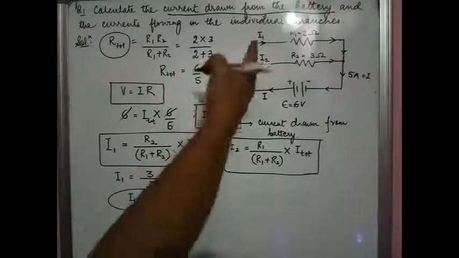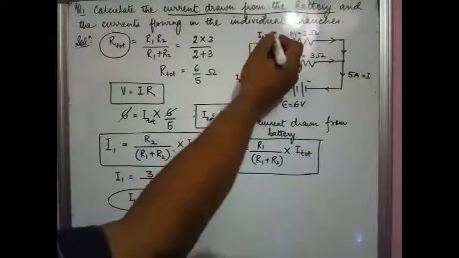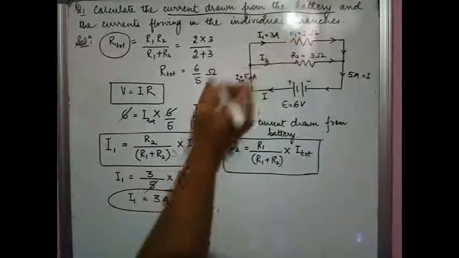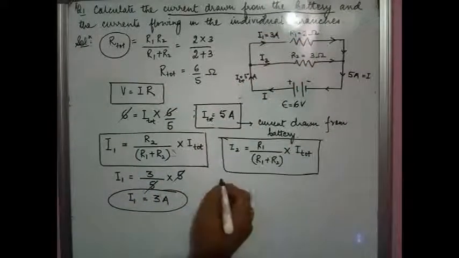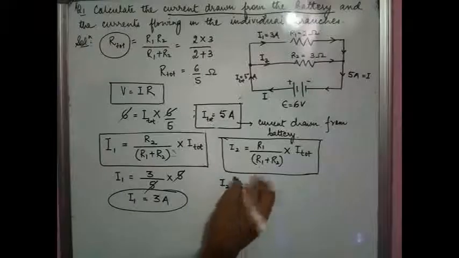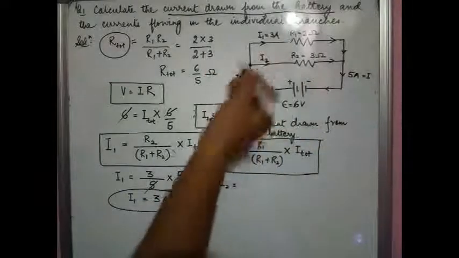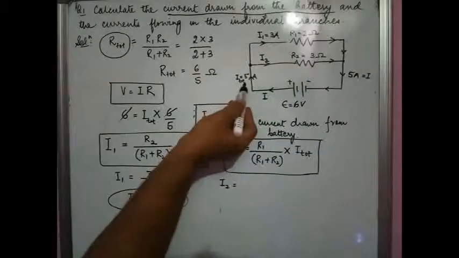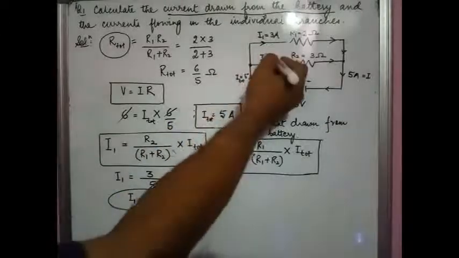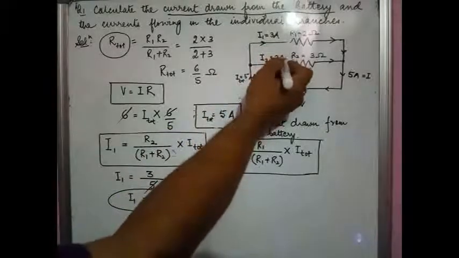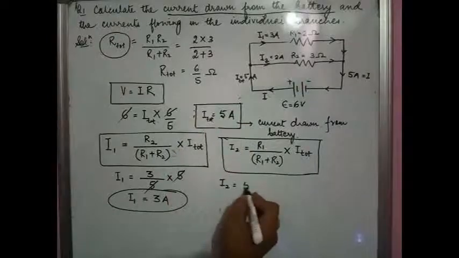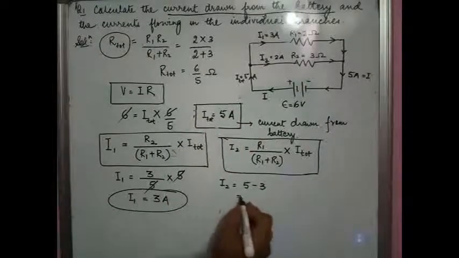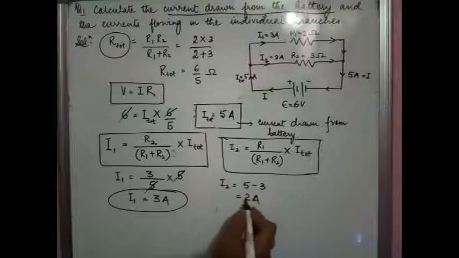So the current which is flowing in this branch now is 3 amperes. Do you now need to apply the same formula for I2 also? No. Immediately you know, since the total current was 5, 3 is going into this, so automatically the remaining 2 goes into this one. So I2 becomes 5 minus 3, so the remaining current is 2 amperes.